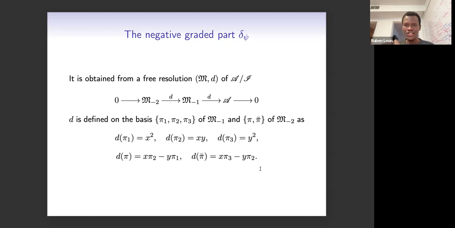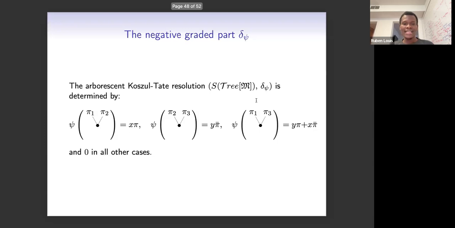But the causality is completely determined by this psi map, this hook map, right? So you just need to know the hook map, and then you get this very explicit. We can expand it. Since you don't have a lot of degrees of freedom, you just need to compute all of the psi on those trees with two leaves.